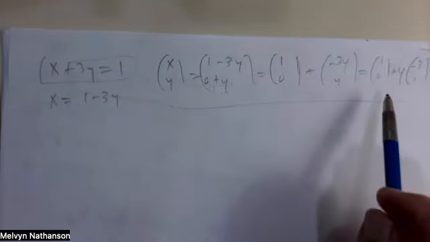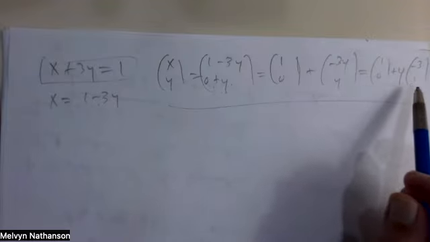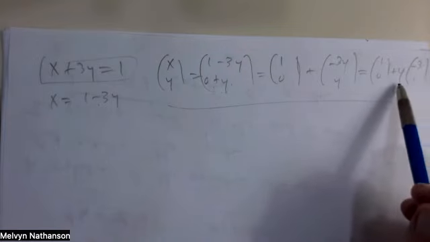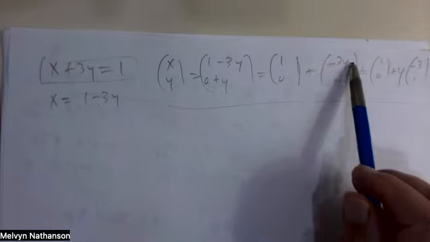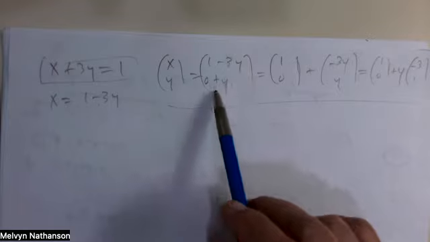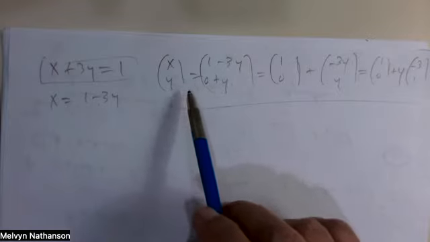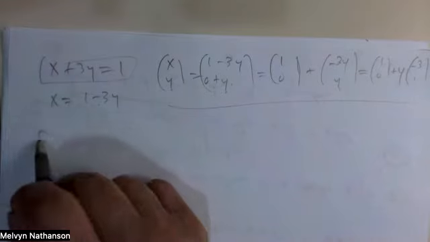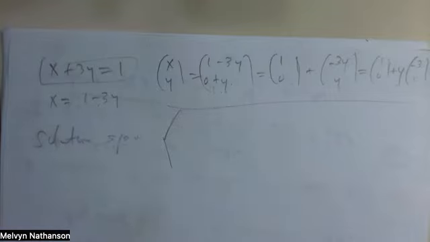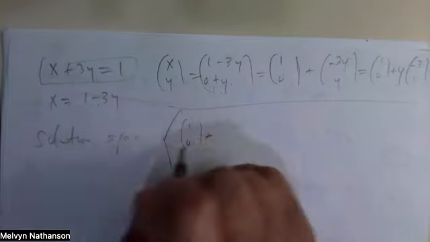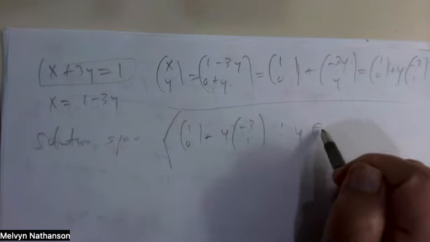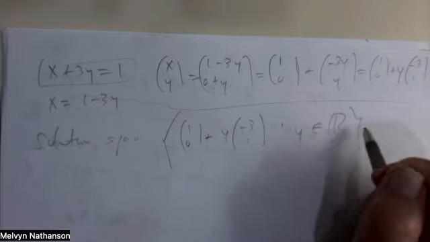If you scale the vector minus 3, 1 by y, that's minus 3y over y. You add 1, 0 to that, you get 1 minus 3y over y. That's what any solution of this equation has to look like. So the solution space is the set of all vectors of the form 1, 0 plus y times minus 3, 1, where y can be any number in the set of real numbers.